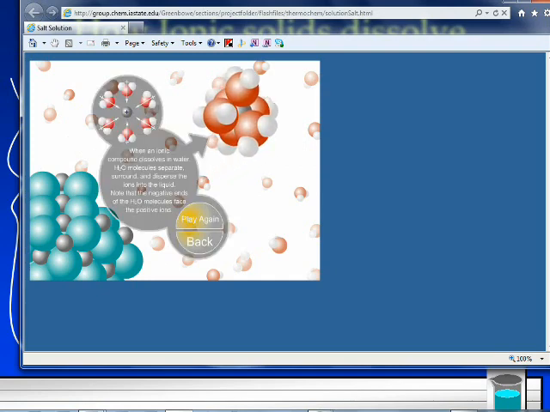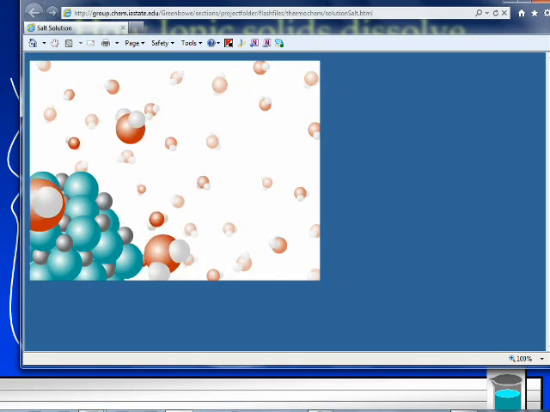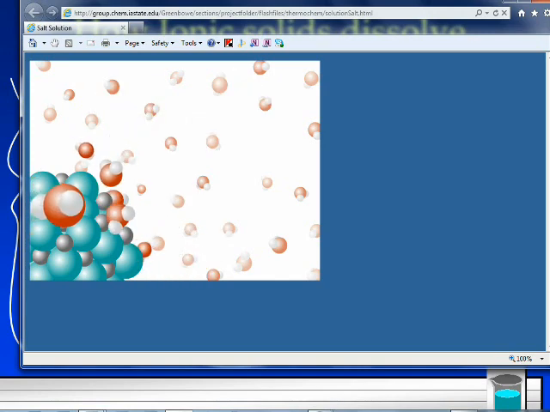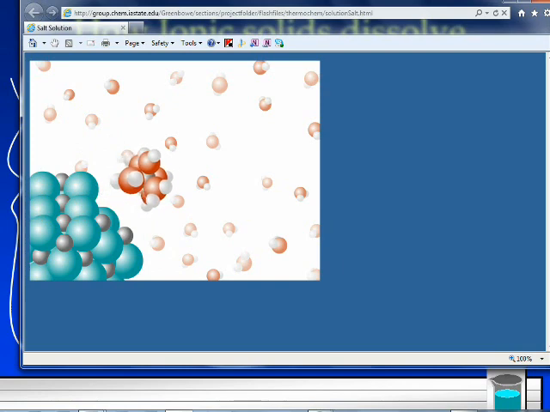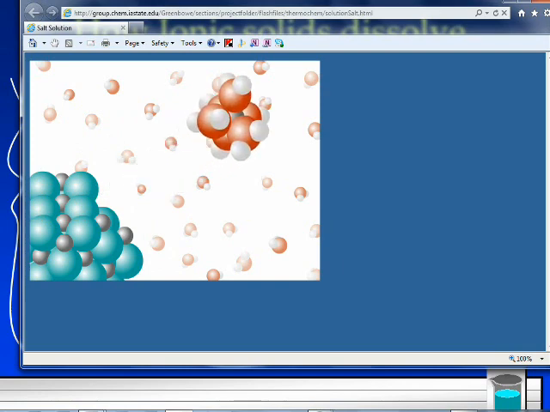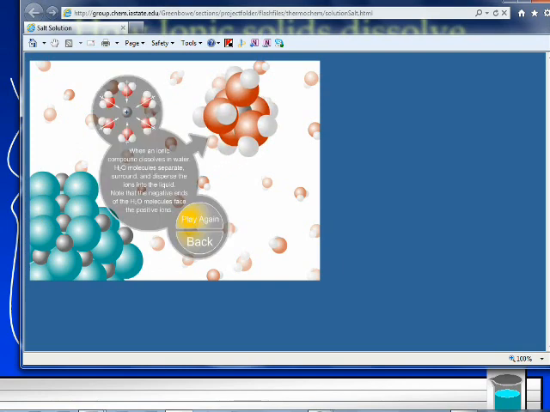And they take it away. They were attracted to it. Note that the negative ends of the water molecules face the positive ions. So this is just like some Ash girls coming. Oh, there's Cody from the Heartbeat Boys. And they just surround him and take him away. It's that chemistry. It's the attraction that causes dissolving.